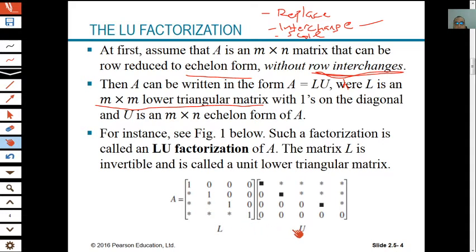And U will be the echelon form of the matrix A. U is the m by n echelon form of the matrix A. This is the lower triangular matrix, and this is the echelon form. You know how you can find the echelon form.